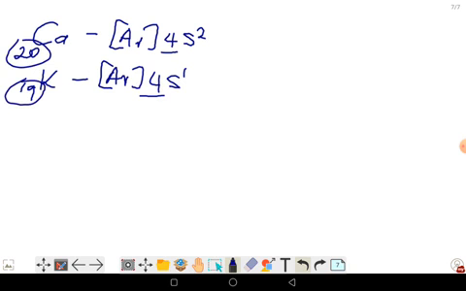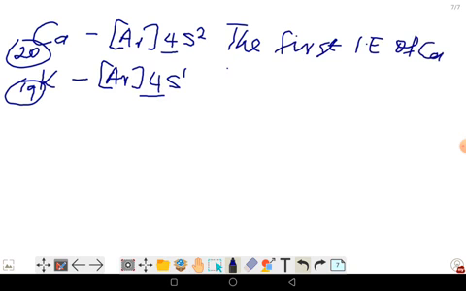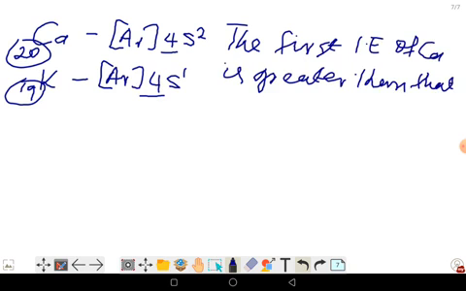So since calcium has more nuclear charge than potassium, the first IE of calcium is greater than that of potassium. All right. Then the first IE is greater.